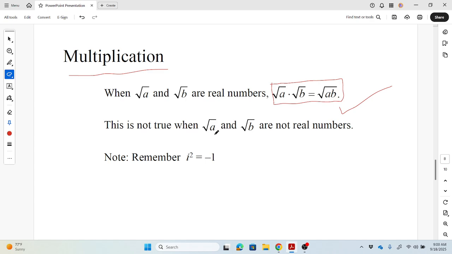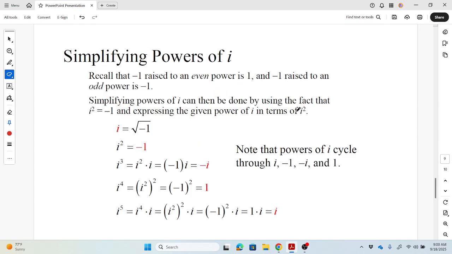For example, if you multiply square root of -1 and square root of -1, according to the real number system, it's supposed to be square root of +1, but that's not the case in imaginary numbers, because this is i and this is also i. So if you multiply i by i, it is -1. So this relation is not true in complex numbers. So you have to be careful.